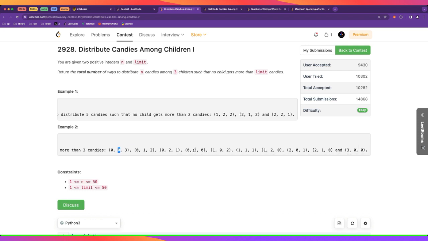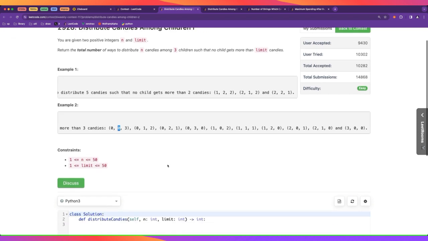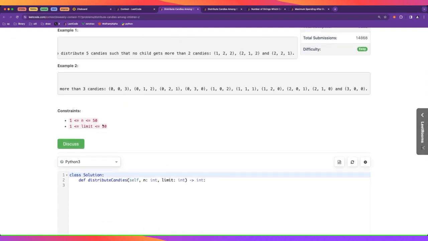It's good that they give us this way of thinking about it. The constraints are pretty small: n is up to 50, and the limit is up to 50 as well.